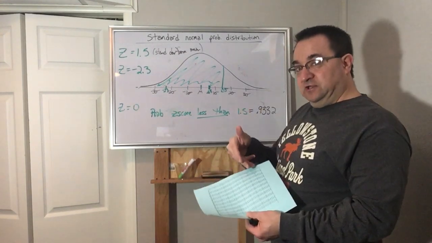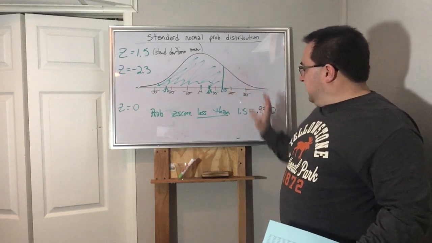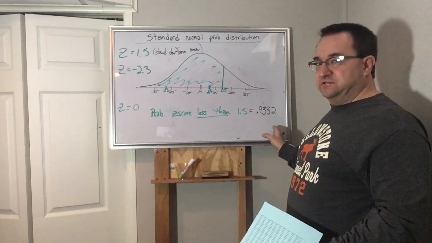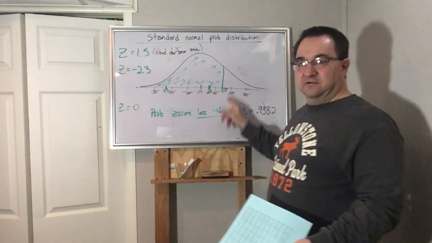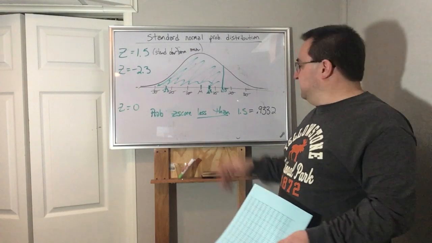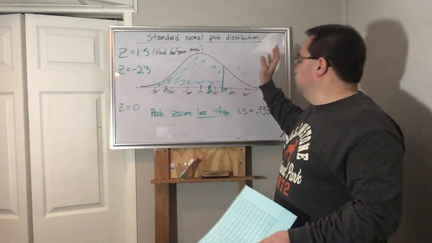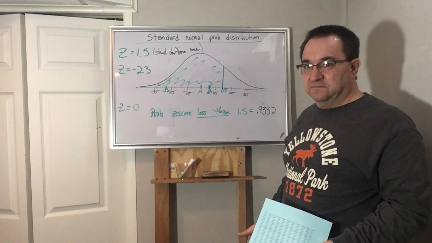So notice I just looked it up. But what does it mean? It means 93.3% of the people would be behind that particular mark, like that many standard deviations. So maybe that's like your 6-foot mark. 93% of the people are below that 6 feet or whatever.